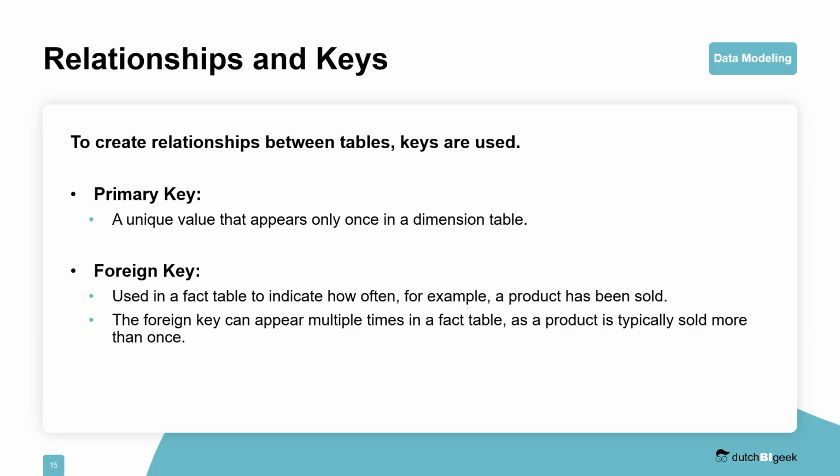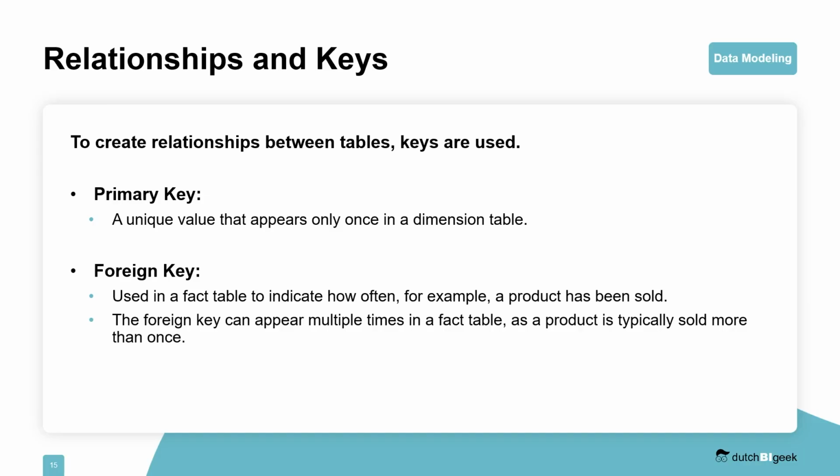And we have a primary key, that's a unique value that appears only once in a dimension table. So we have one unique key for every store in our table. It is not possible to have one store with many keys.